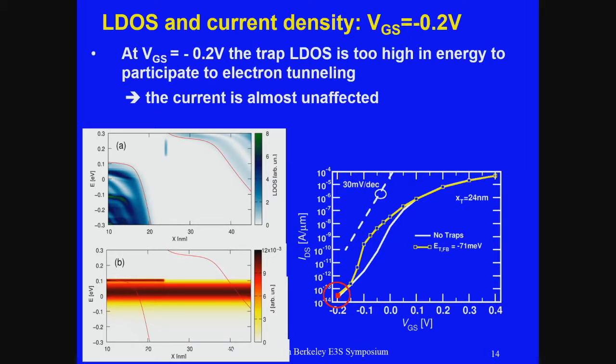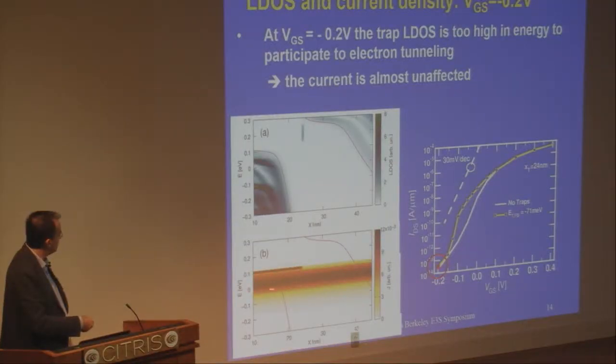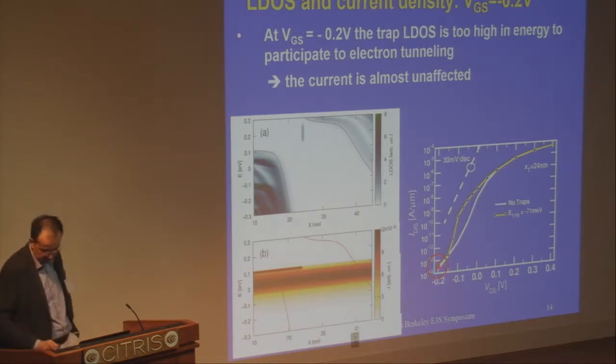If you think that the current density is more or less maximum around the Fermi level, which here is conventionally taken as 0, so 0 is the Fermi level at the source, you see that the trap is too high in energy to significantly contribute to the current. And so the effect on the IV is essentially negligible.